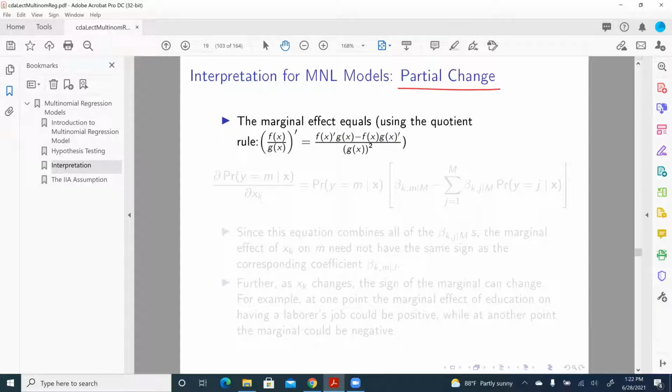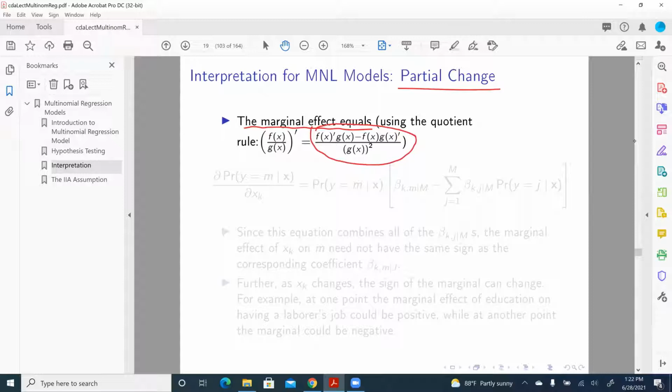And for the predicted probabilities from multinomial logit models, the marginal effects, if we're talking about predicted probability as the response outcome, here we need to use the quotient rule to figure it out. Recall that the formula for calculating predicted probability is a ratio.